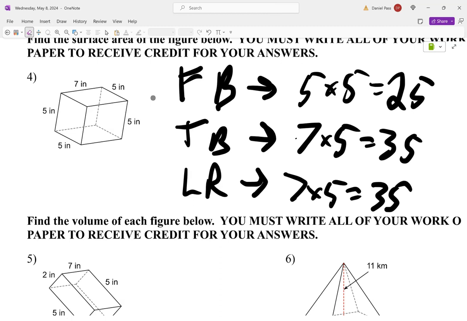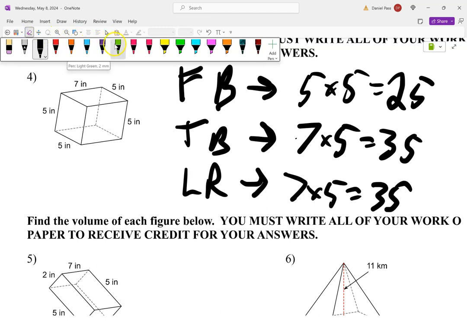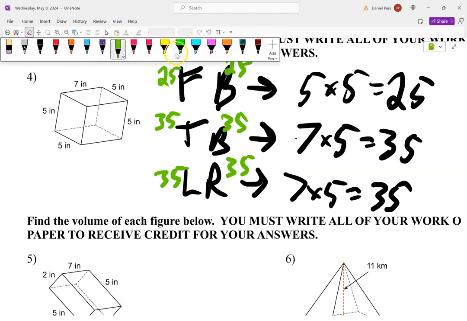Some people like to do times 2 for these, but to me, it makes more sense if I just write them out like this: 25, 25, 35, 35, 35, 35. Do I have 6 sides? Yes.